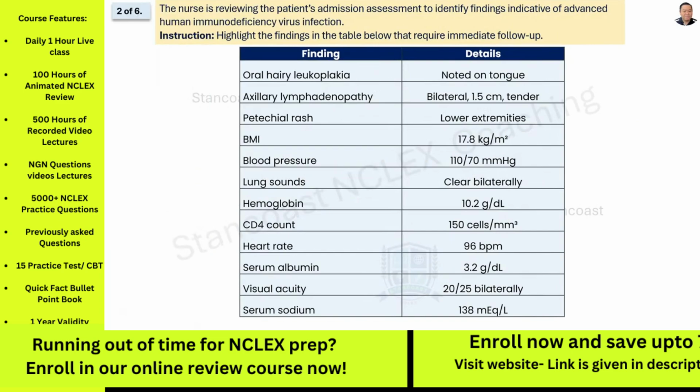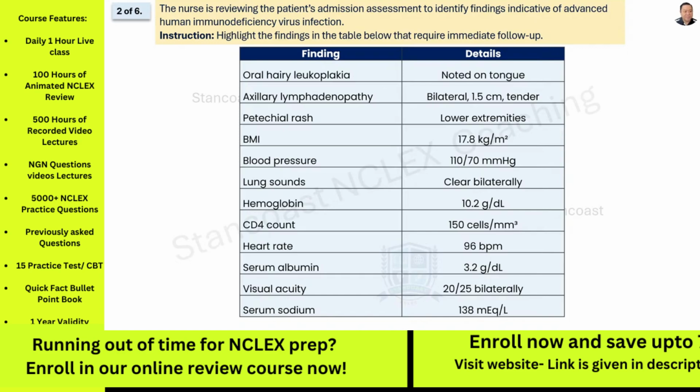We have a hotspot highlight test item. It says here, the nurse is reviewing the patient's admission assessment to identify findings indicative of advanced human immunodeficiency virus infection, and you're supposed to highlight those findings in the table below that require immediate follow-up. So we have the following information: oral hairy leukoplakia noted on the tongue.